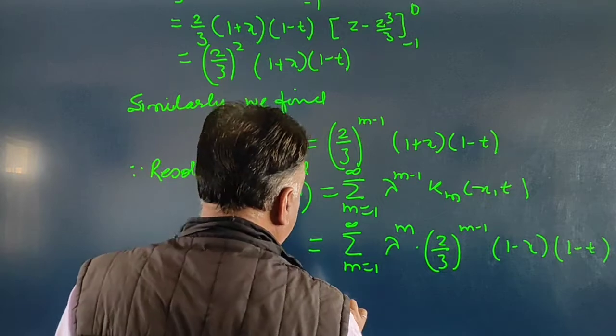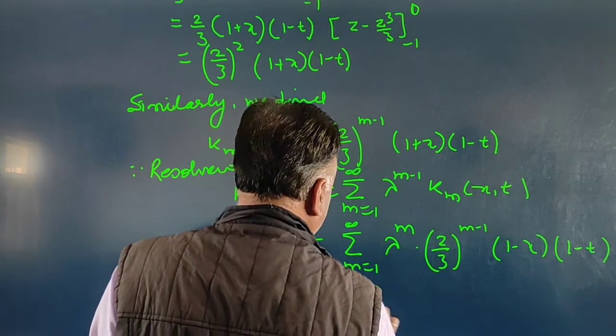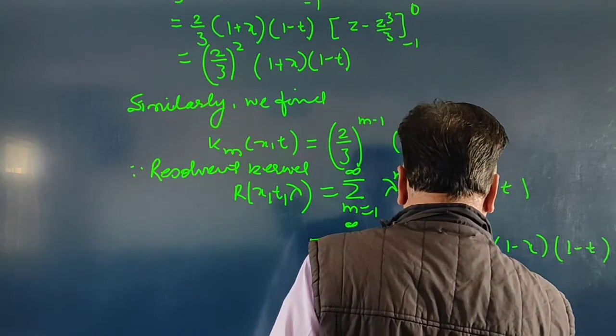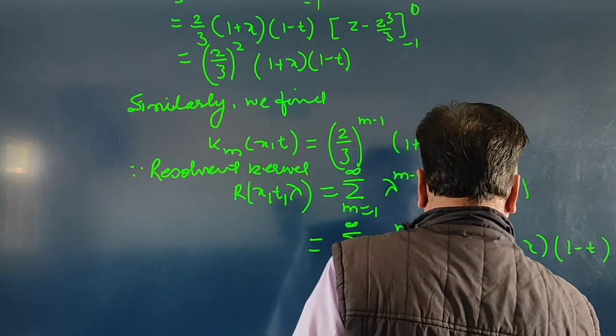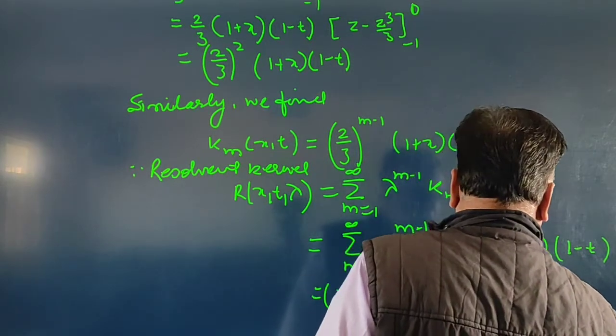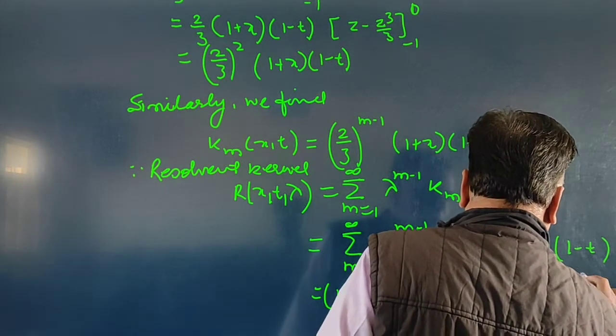So this is equal to (1 plus x) into (1 minus t) outside the summation, and the summation m equals 1 to infinity of (2 lambda upon 3) raised to m minus 1.